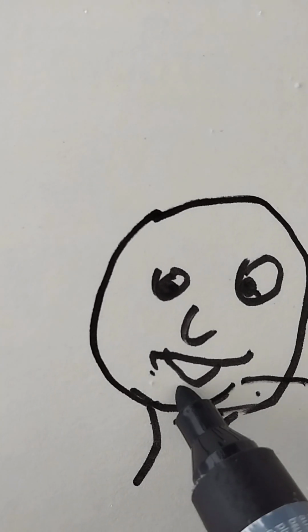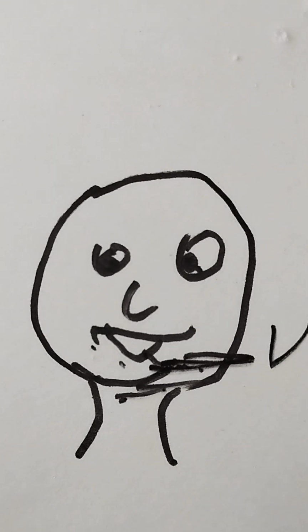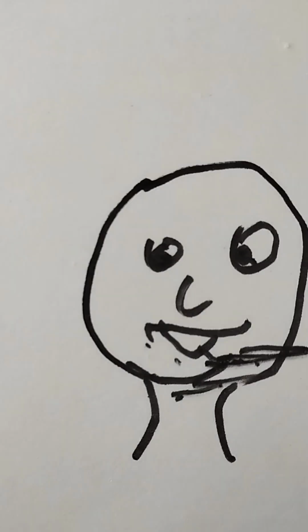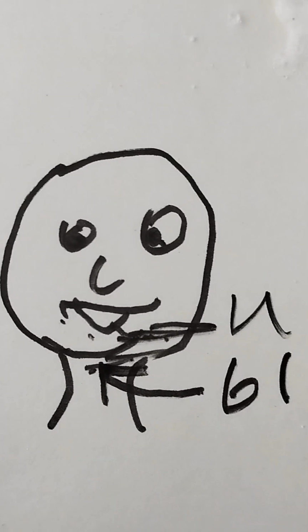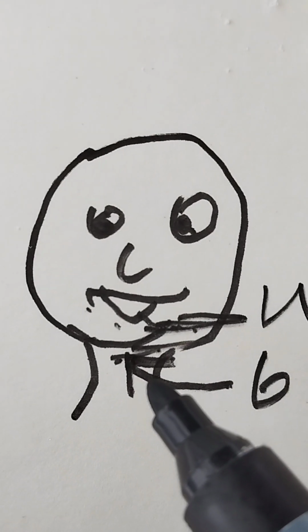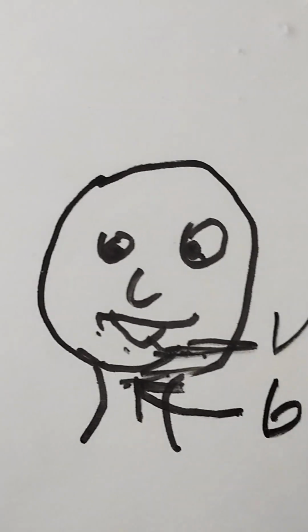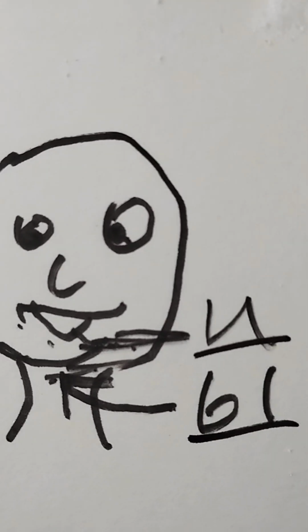So the sound И we pronounce here. Not very low. And the sound Ы we pronounce here. So it's a little bit lower in the throat. So that's the difference between И and Ы.